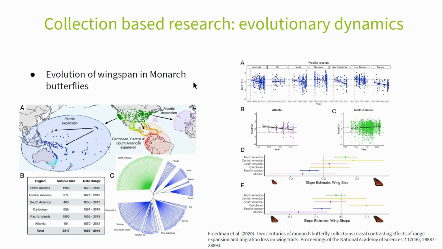By measuring the wing length of specimens from all over the world, he could highlight a trend: when this monarch butterfly colonizes and settles oceanic islands like the Azores in the Atlantic or Pacific islands, they tend to reduce their wing length, because having a big wing length means they will more easily be blown away by wind and then die. So there is a trend in butterflies colonizing new islands to have their wing length reduced.